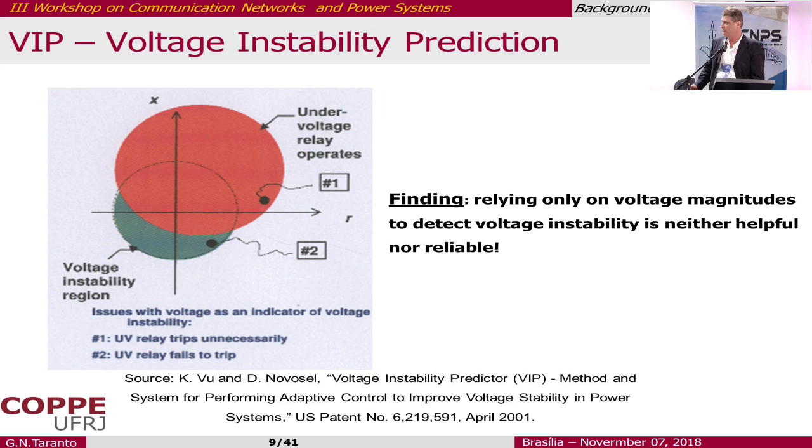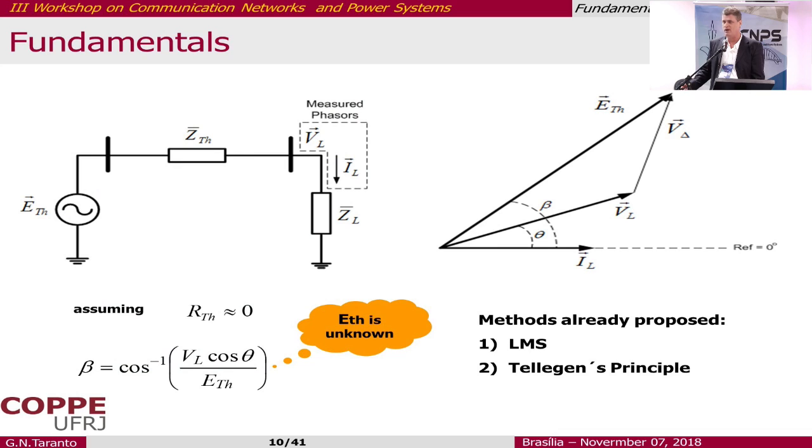Okay, so the fundamentals here: let's assume that this is a high voltage bus, and I am assuming that I have a small resistance in this impedance here. Then, even assuming this, I still have two unknowns in this equation, where beta is the angle between the current and the equivalent voltage.